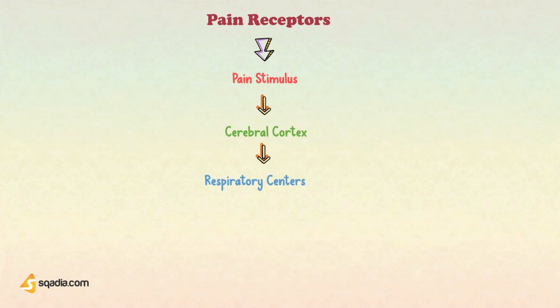Cerebral cortex, in turn, stimulates the respiratory centers and causes hyperventilation. So, here we come to an end to this part. That was about the factors affecting respiratory centers, where we discussed various lung receptors and the impulses generated by them.